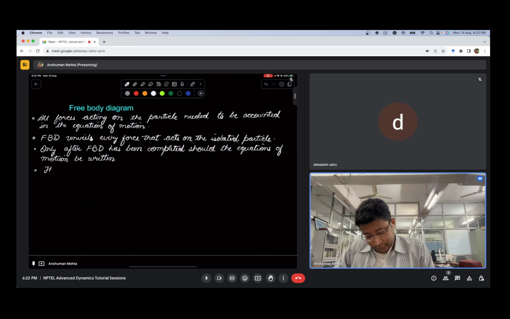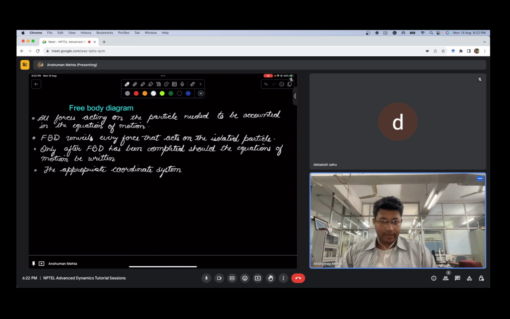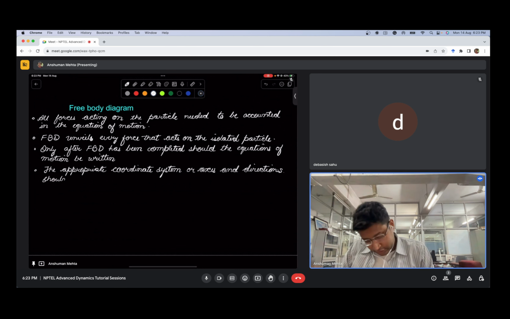Before the FBD also, there is the choice of the appropriate coordinate system, because this will set the base or the reference of whatever we are calculating. So first of all, that is to be defined, and it should be consistent.